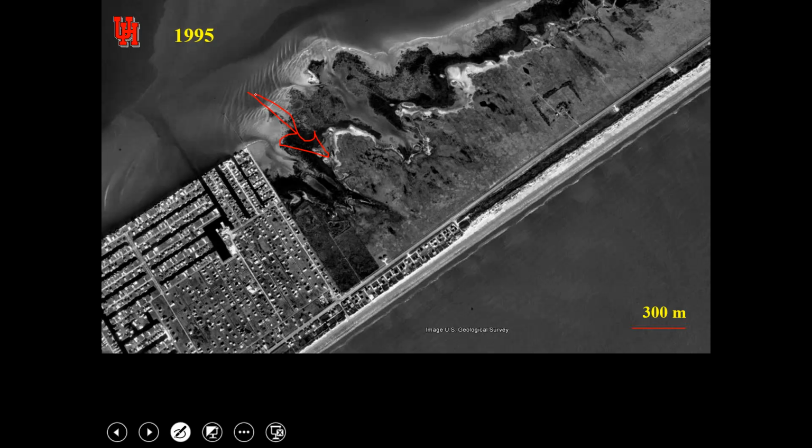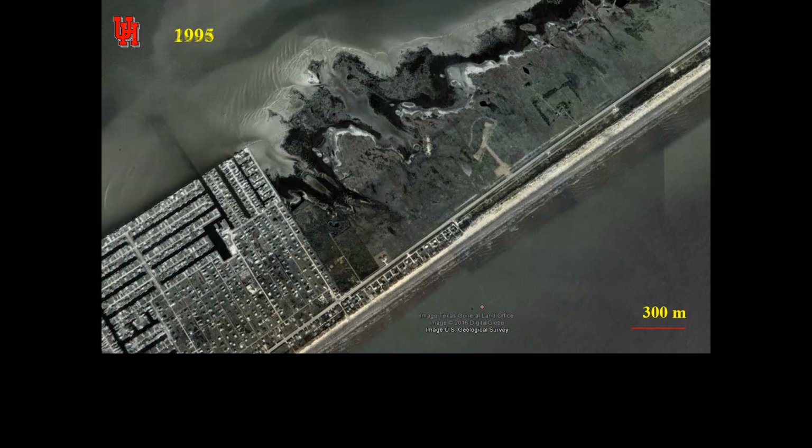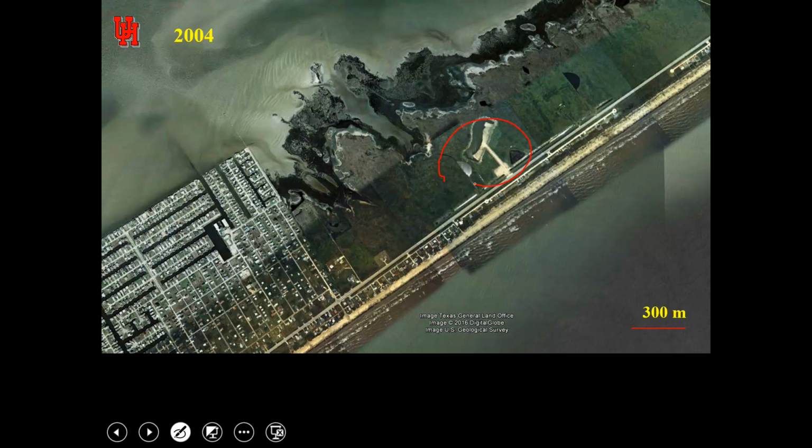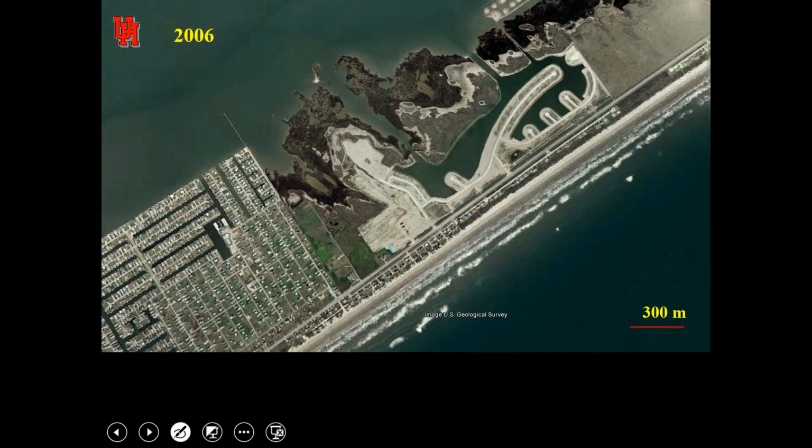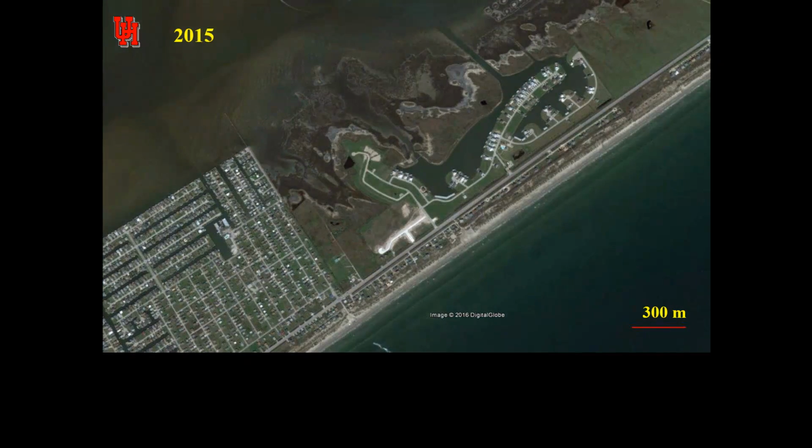Landward movement continues here and here. Now we've got something going on here, 2004, 2006, 2015. We've not only lost marshes due to sea level rise and land due to erosion, we've increased the probability of breaching the island. So we've got a lot going on in the coastal zone, and the issue of how to deal with it, we're still working on.